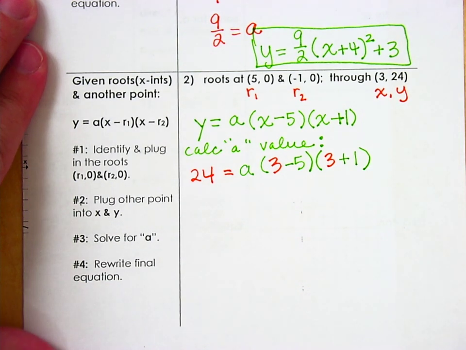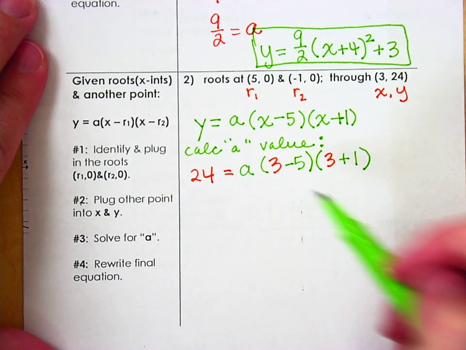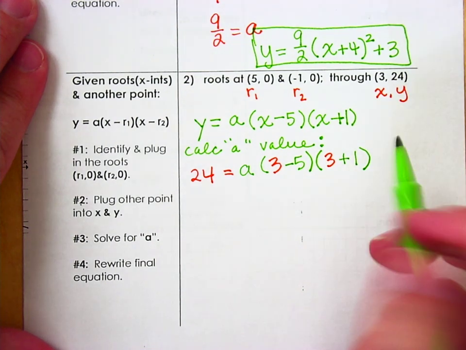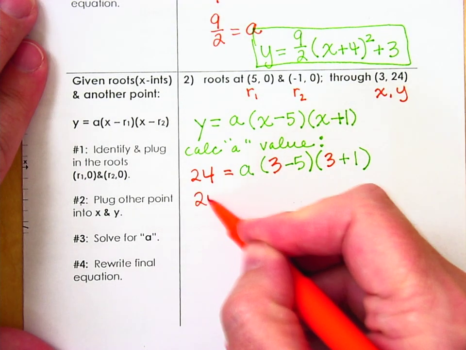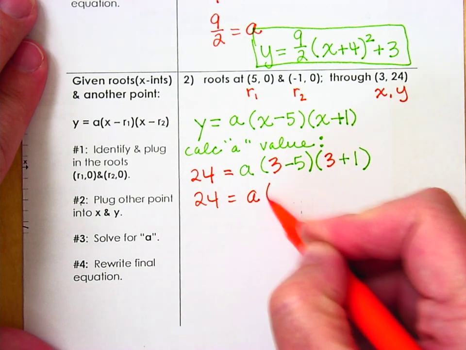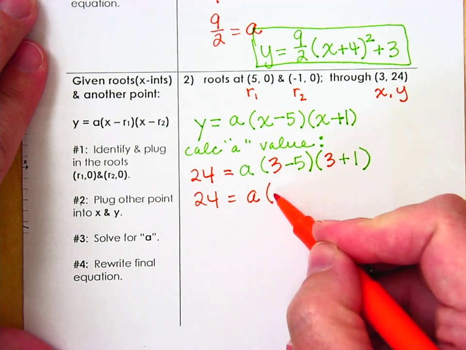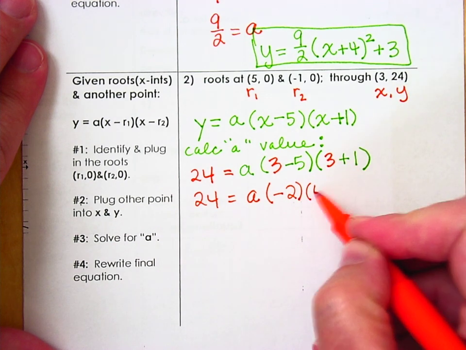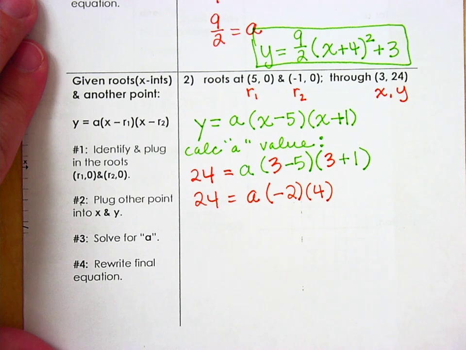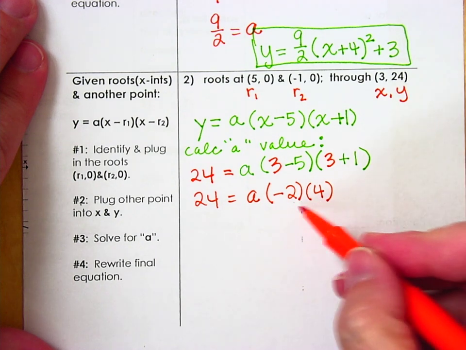Okay, so to simplify this, we're going to combine inside the parentheses first. So 24 equals a. So 3 minus 5 is negative 2. 3 plus 1 is 4. Now we can multiply these together.